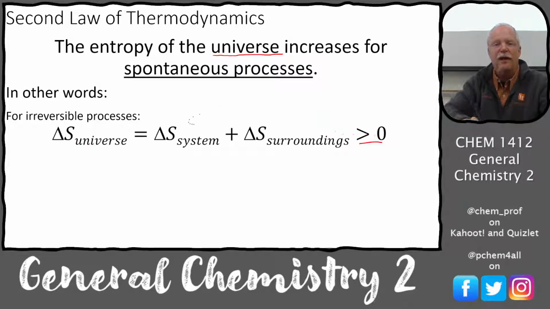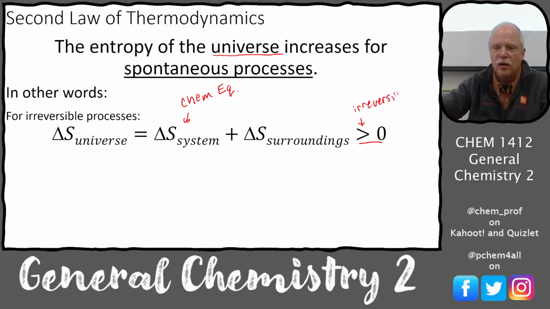And we can break that into system and surroundings again. So the system would be the chemical equation. And then the surroundings would be the surroundings. And so this irreversible process, this is a greater than. And so it would be equal to 0 for reversible.